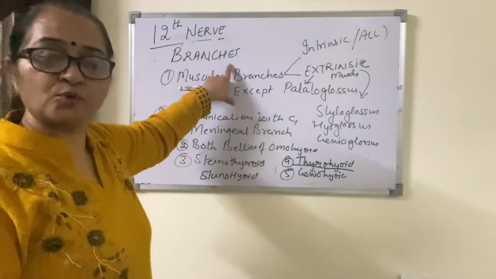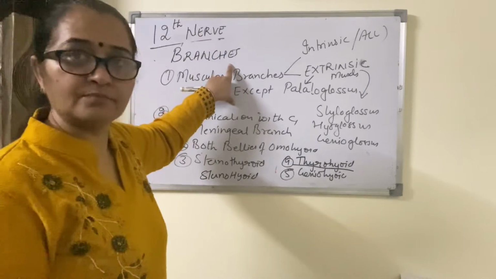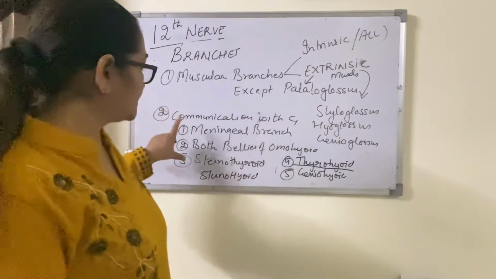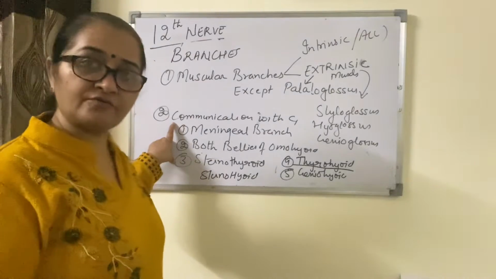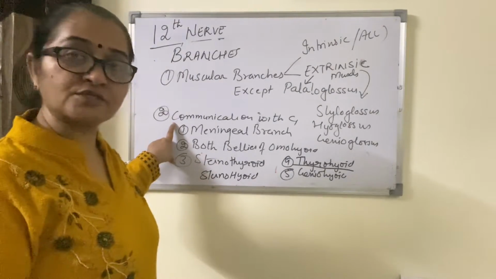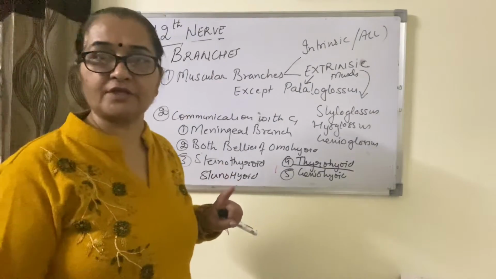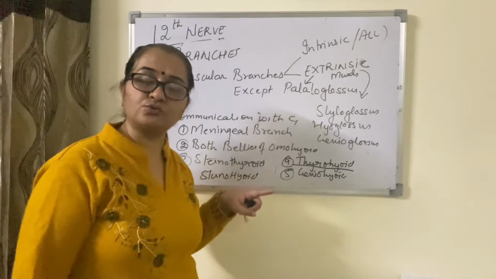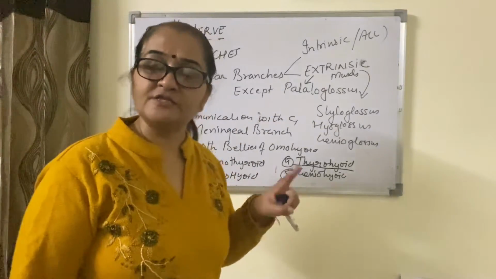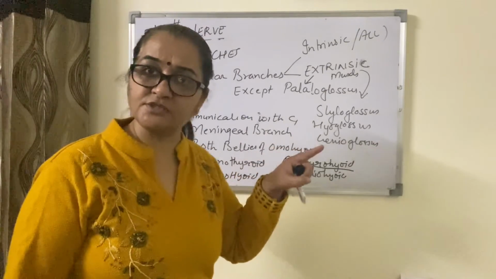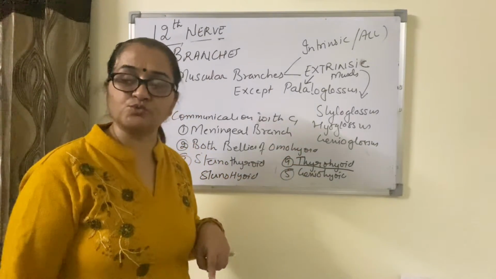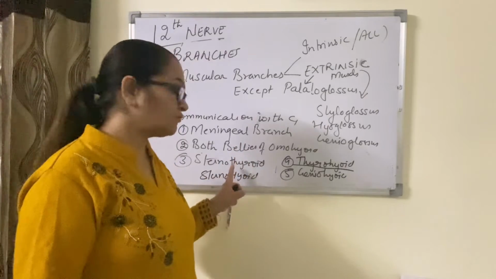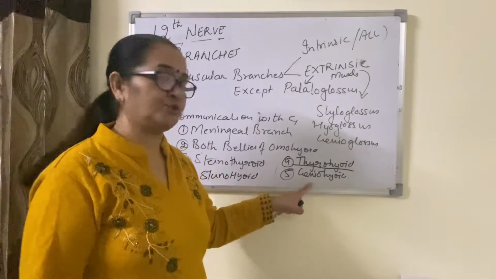Basically, the hypoglossal nerve's own concern is with the muscles of the tongue. These other branches are given through its communication with the ansa cervicalis. So the descending root, the superior root of the ansa cervicalis, is carrying the fibers of the hypoglossal nerve to supply the superior belly of omohyoid, thyrohyoid and geniohyoid.